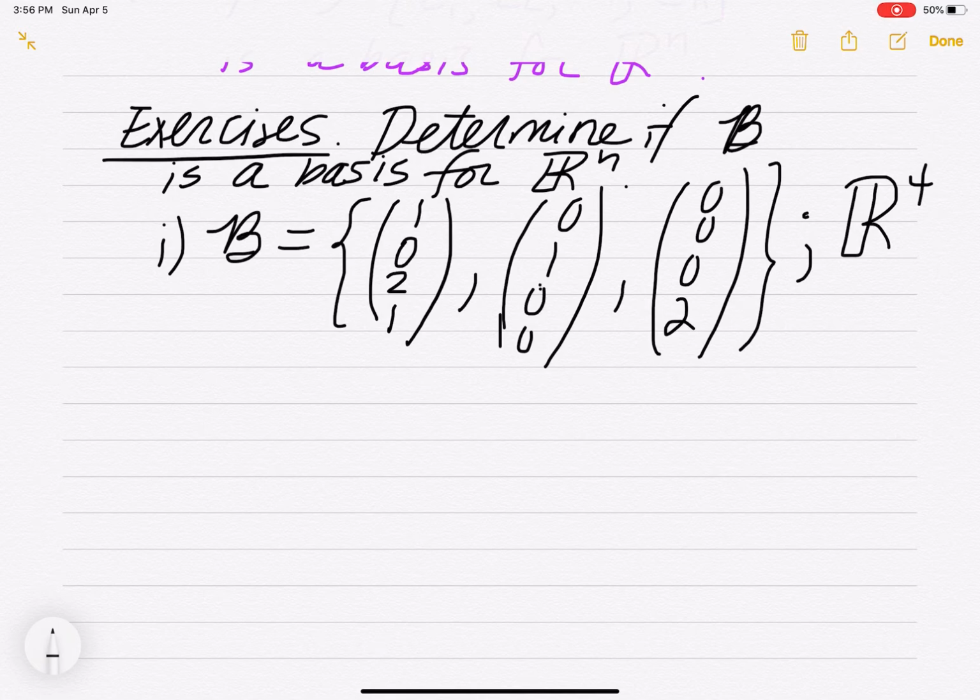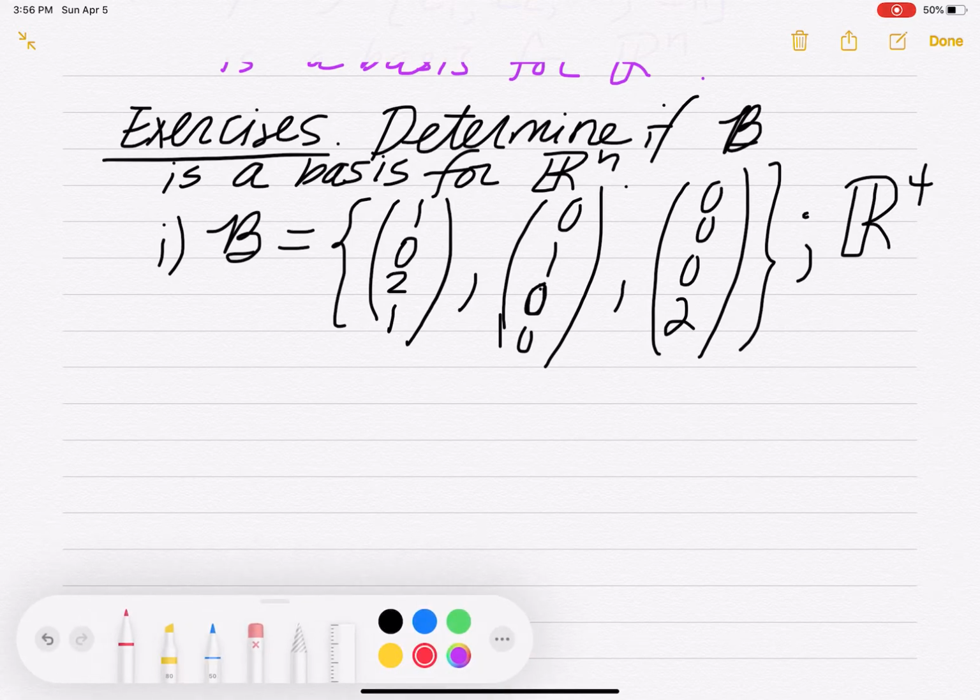If one of those two properties fails, then it is not a basis. So first of all, we can observe that we only have 3 vectors, right? Remember, if you have fewer vectors than entries, then it does not span Rm, which in this case is R4.